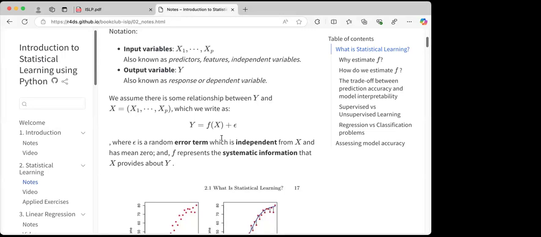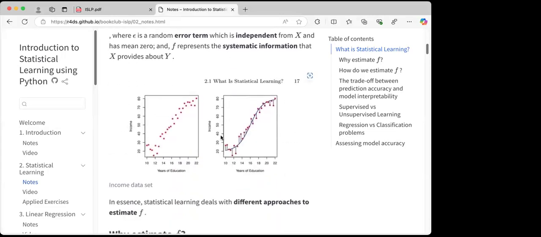So f is like the systematic information that x provides about y. Here is a classical example where, let's say, we want to look at the effect of years of education on income, on someone's earnings. Looking at the data points, these are simulated data points, but you could see some kind of positive relationship. It's some kind of linear, but not perfectly linear.